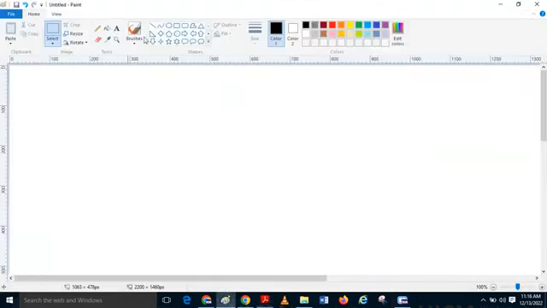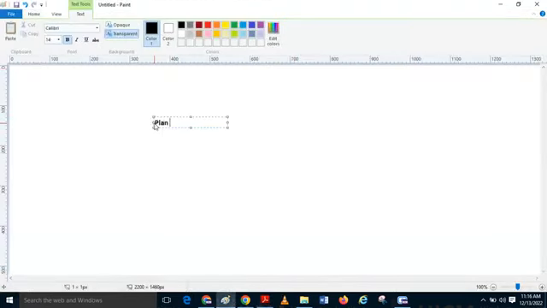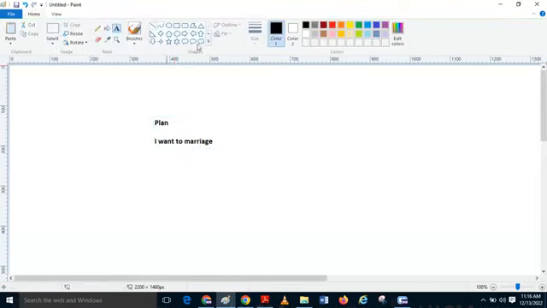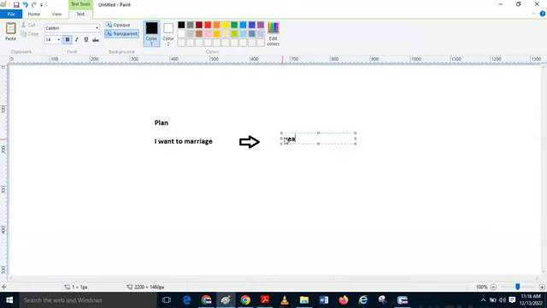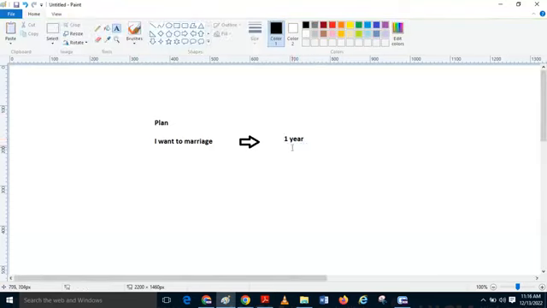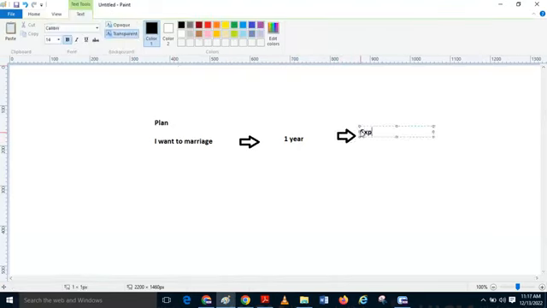Whenever we want to plan anything, suppose I say that I want to do marriage. The first approach is that I want to do marriage in 1 year. I state the time limit. But this is not a complete approach, because marriage comes with expenses.